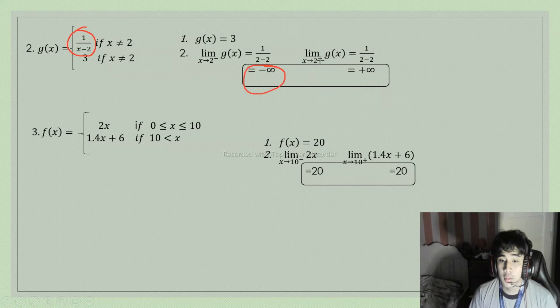And limit of g of x as x approaches 2. And then ulit yung gagamitin natin kasi x minus 2 should not be equal to 0. Tapos transpose lang ulit. Ayun na. X is not equal to 2.